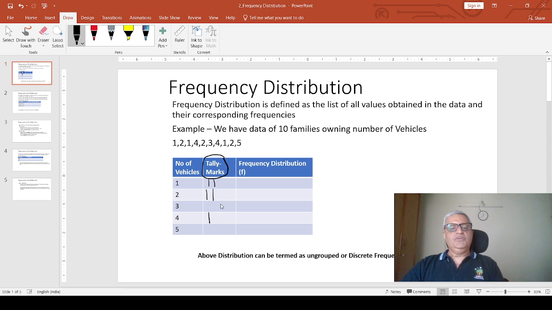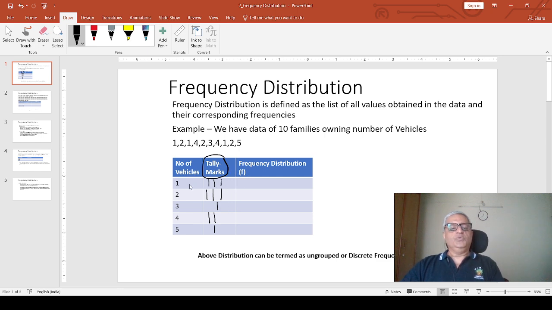The sixth data point is 3, so I add one vertical line against 3. The seventh is 4, so one more vertical line against 4. The eighth is 1, so one more line against 1. The ninth is 2, so one more line against 2. And the last is 5, so I have one vertical line against 5.